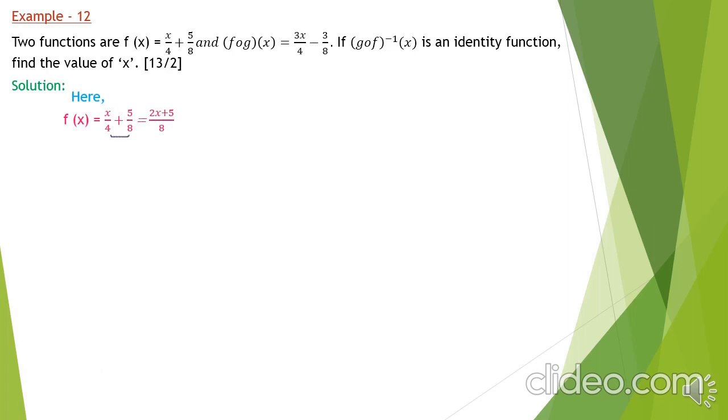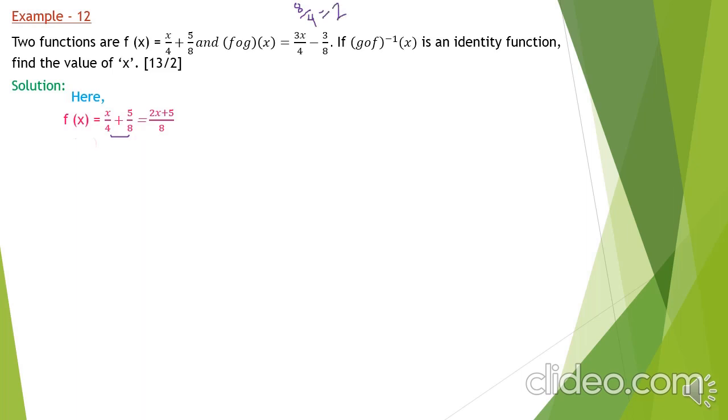So after taking LCM it will be 2x plus 5. How? Because we have to divide LCM by the denominator of the fraction. Then 8 divided by 4 is 2, so 2 must go to the numerator, isn't it? 2x plus 5 by 8 is our function f.